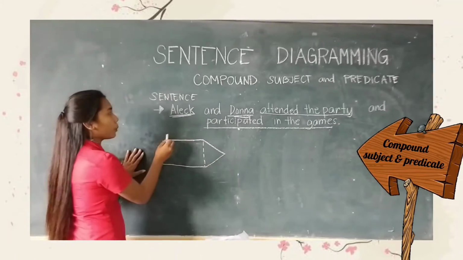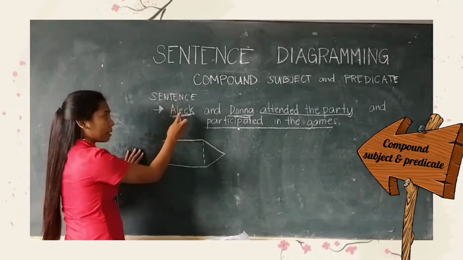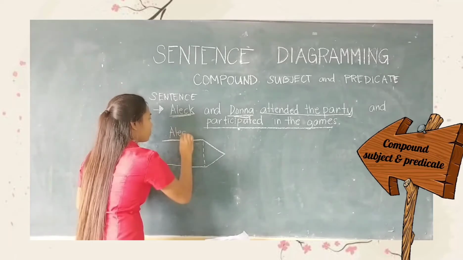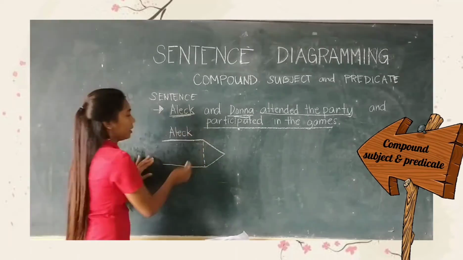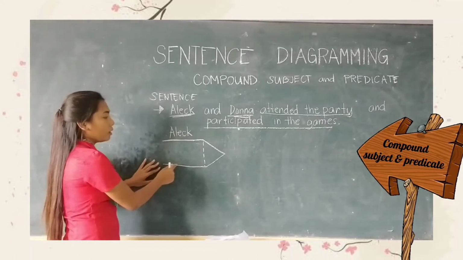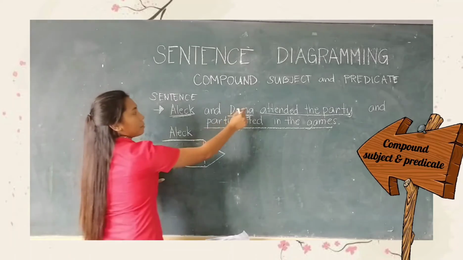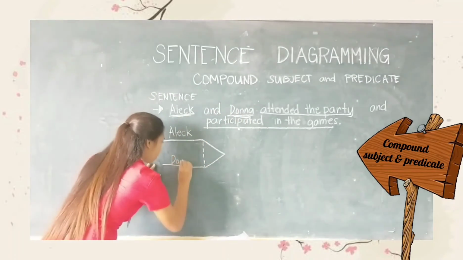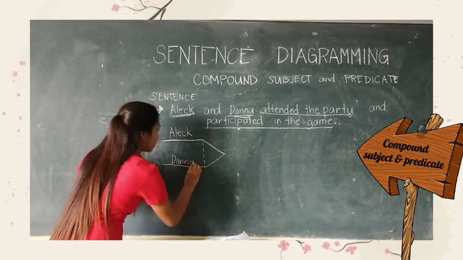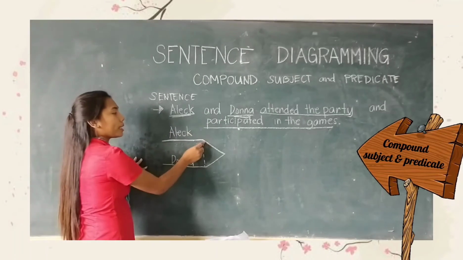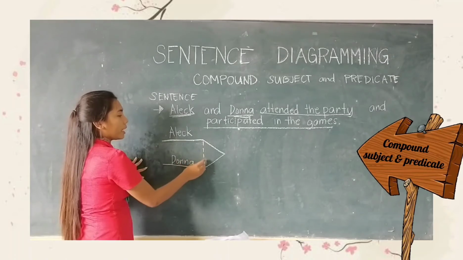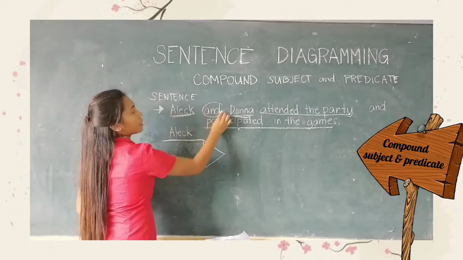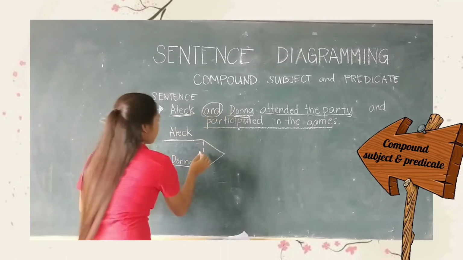So this is where we are going to write our first subject, which is Alec. And on the lower part is our second subject, which is Donna. So take note that this dashed vertical line is where we are going to write our conjunction.